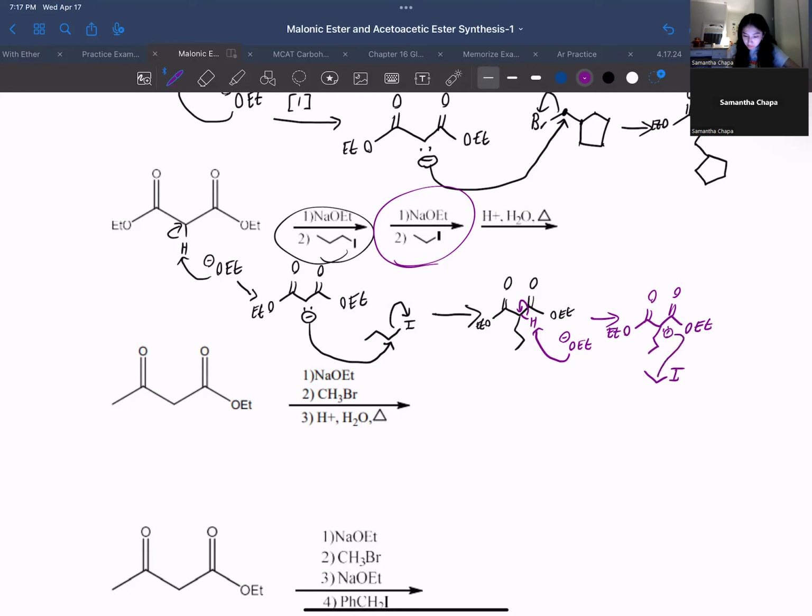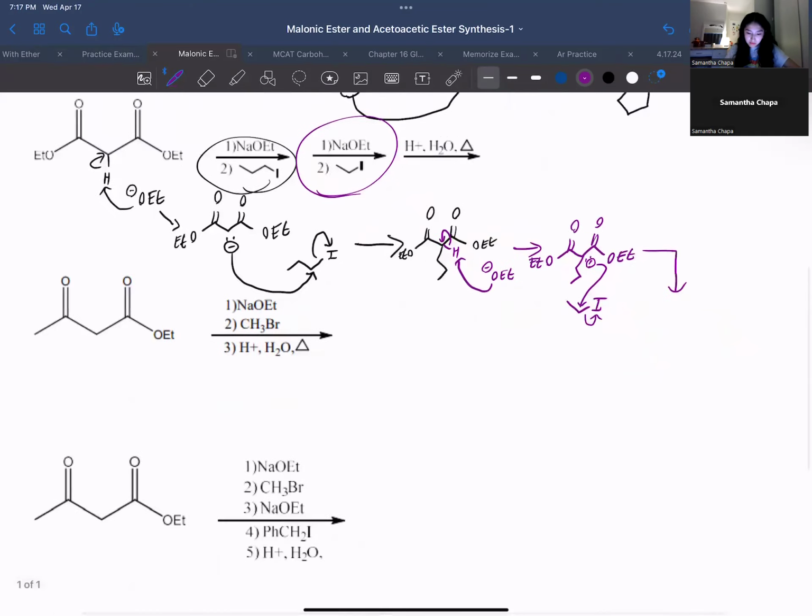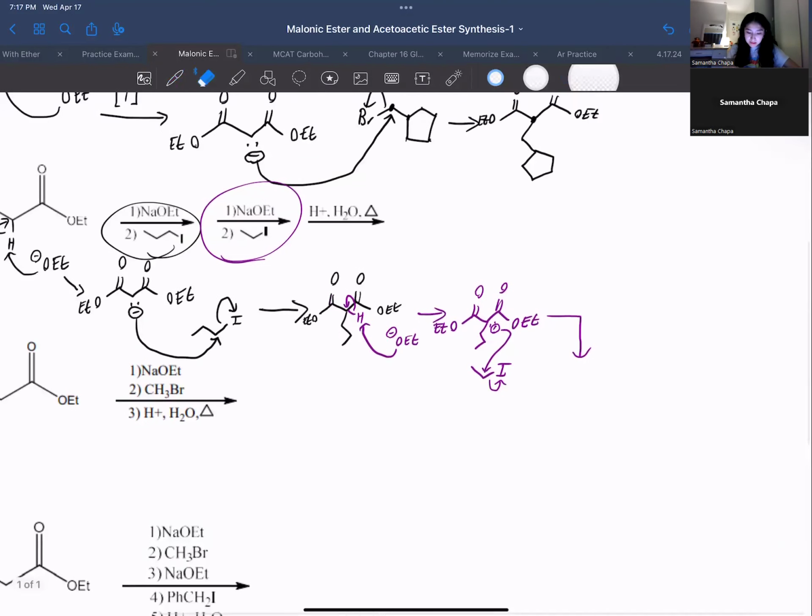Oh, never mind, I have more space. And so my product for that second step should be this. Perfect.